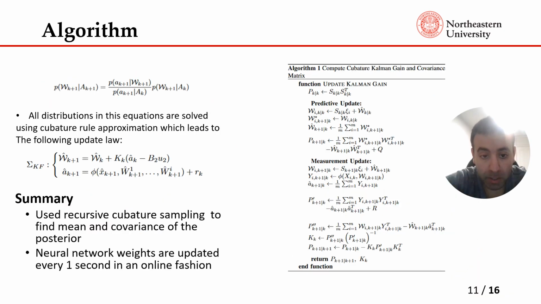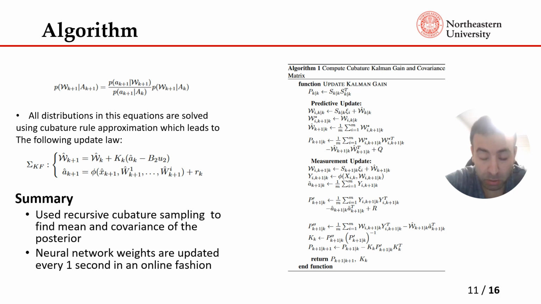So the posterior probability p(W_k+1 given A_k+1) is given by the following formula in the upper right side of the slide. All distributions on the right hand side of this equation are solved using the Cubature rule approximation, and if you find the mean and covariance of each of these distributions, you can get the mean and covariance of the left hand side probability distribution.